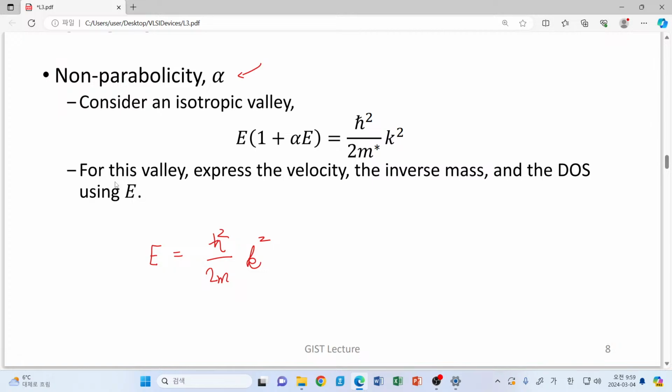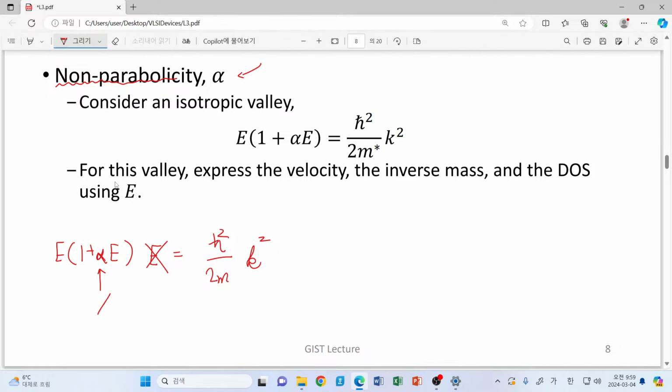However, when we consider so-called non-parabolicity alpha, then we say that instead of this E, it has E times 1 plus alpha E. This typically has values like 0.1 per electron volt, something like that. What is its numeric value? It really depends on the situation. But alpha times the energy yields a certain positive number.